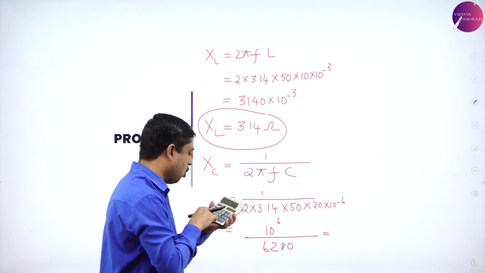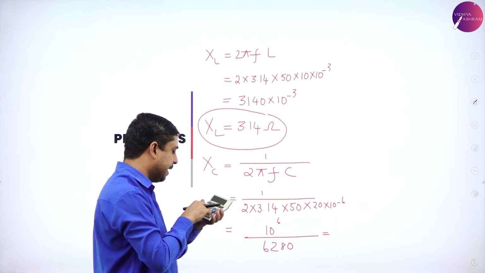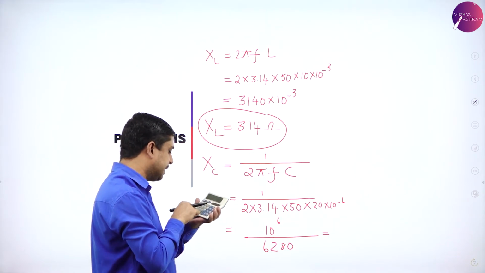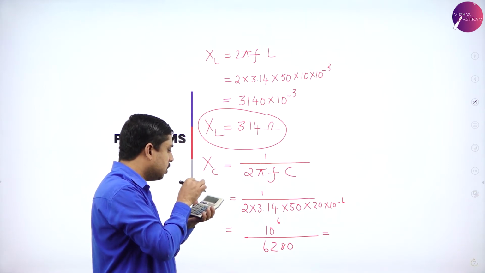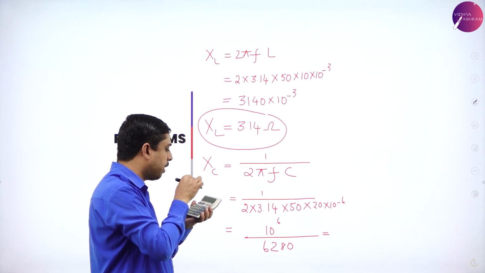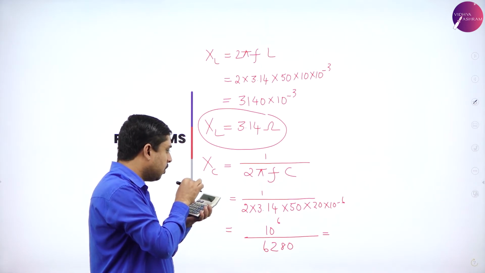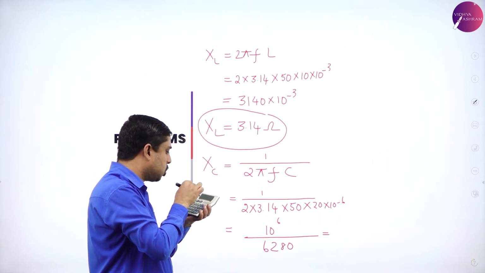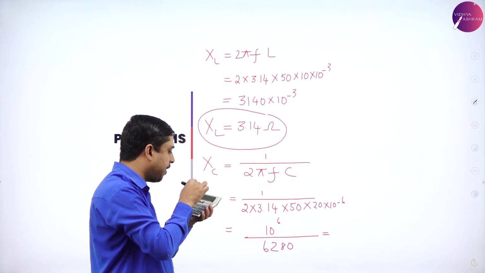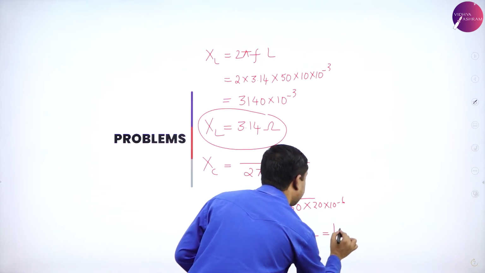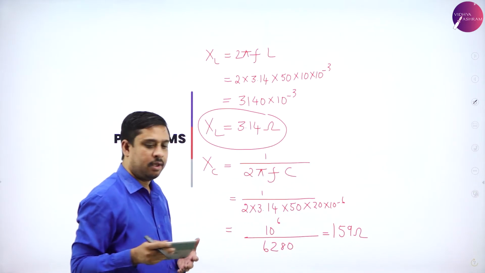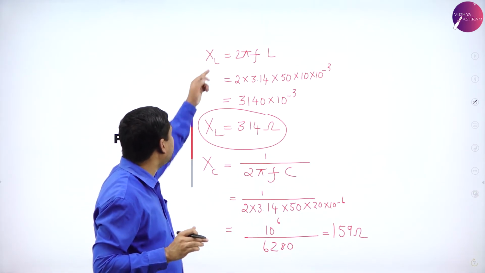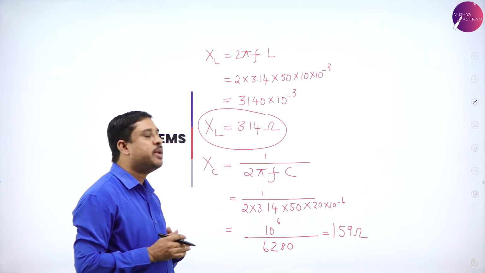So this is 1 divided by 6280. So 6 places I shift. So nearly 159 ohms. 1 mark for the calculation of XL, 1 mark for the calculation of XC.